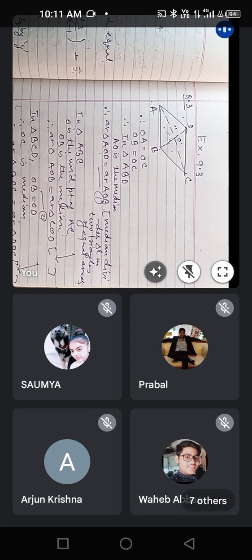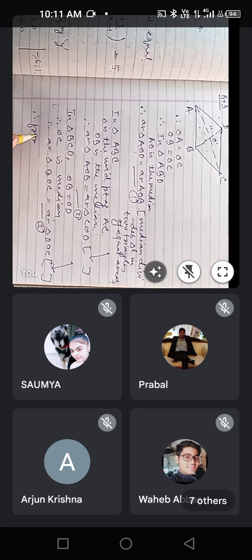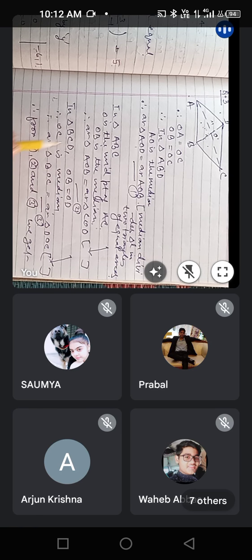Therefore you conclude, from this first relation, second relation, and third relation, from 1, 2 and 3, we get, what do you get here?